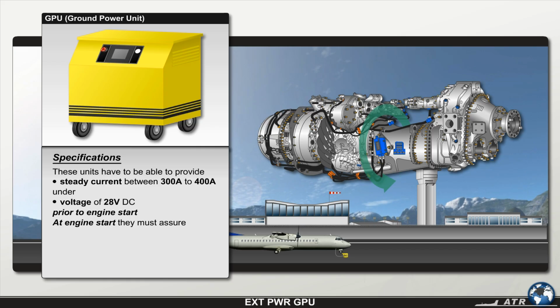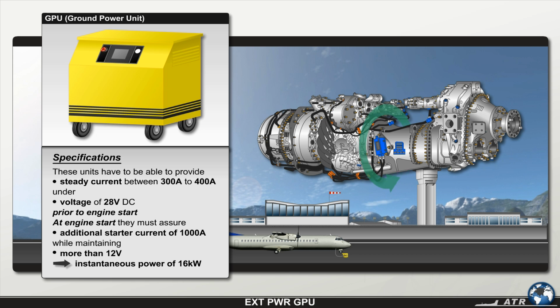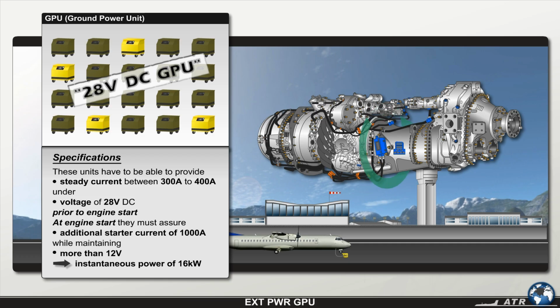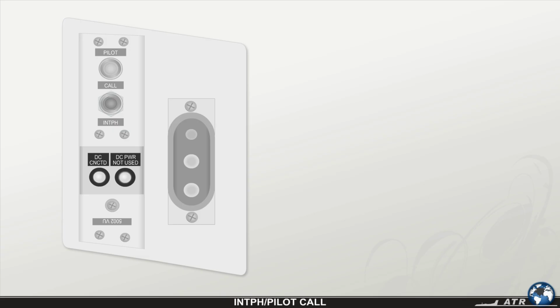At engine start, the GPU must assure an additional starter current of 1000 ampere while maintaining more than 12 volt, which means an instantaneous power of 16 kilowatts. Experience has shown that only a few so-called 28 volt DC GPUs are capable of providing this amount of electrical power.